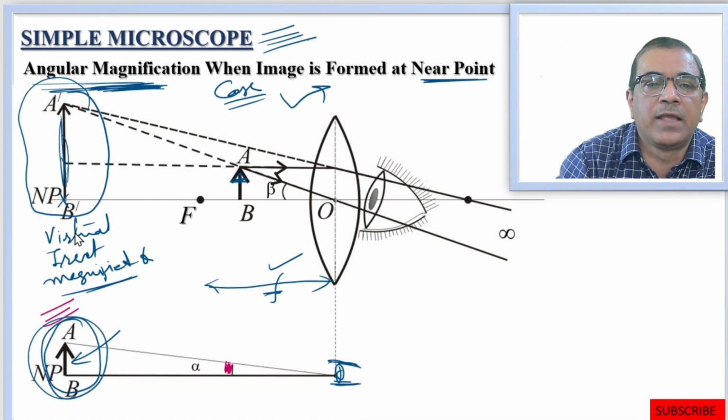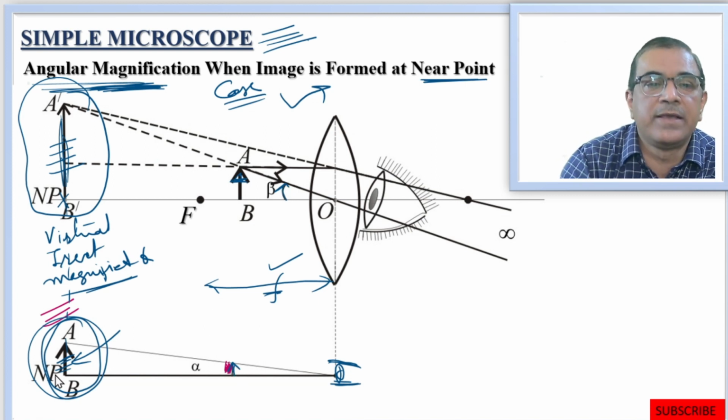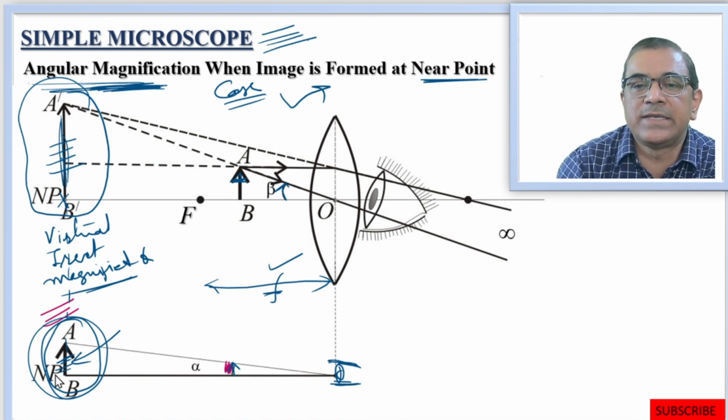To compare the angular size of the image with that of the object, the positions have to be the same. In that condition, we will be able to know how big the angular size of the image is with respect to the object when they are placed side by side, at the same distance.